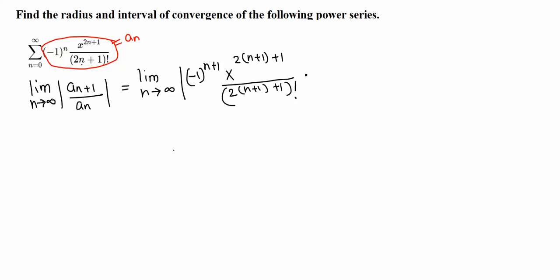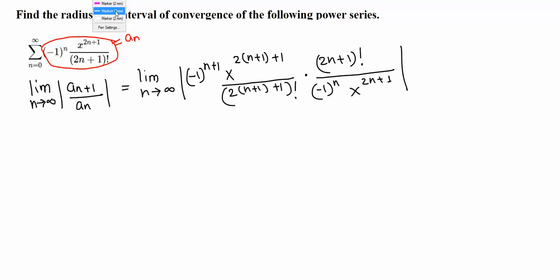So take the reciprocal: (2n+1) factorial goes on the top, over (-1)^n on the bottom and x^(2n+1), all in absolute value. Let's evaluate this limit, and we need this limit to be less than 1 for convergence.